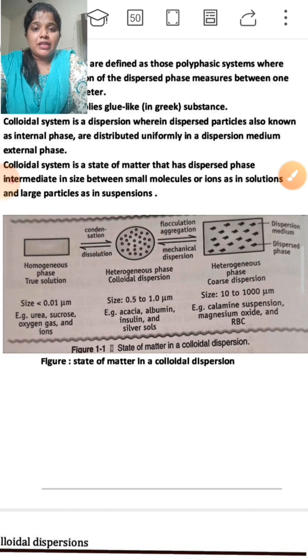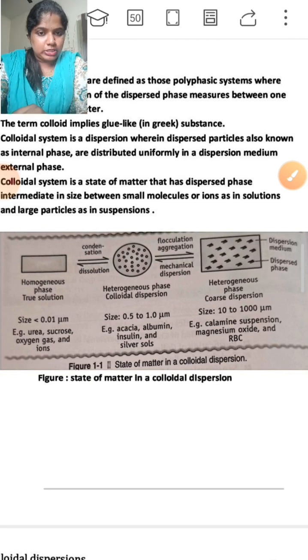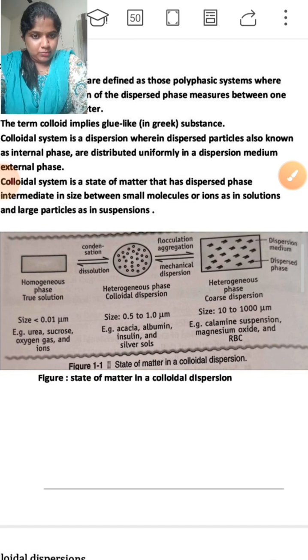When we do condensation, it gets to the heterogeneous phase or colloidal dispersion, which upon dissolution will come back to the original state. It is a reversible process. The colloidal dispersions have a size range of 0.5 to 1.0 micrometer. The examples are acacia, albumin, insulin, and silver salts.